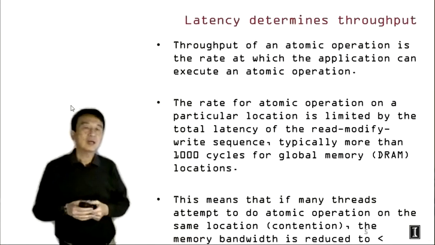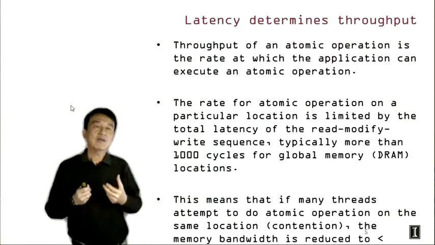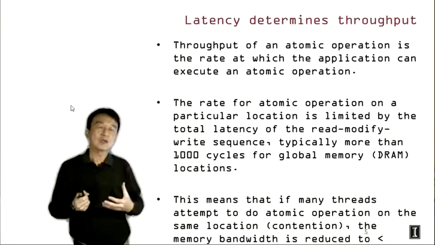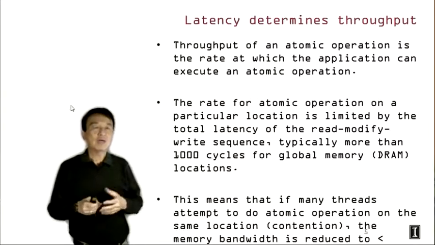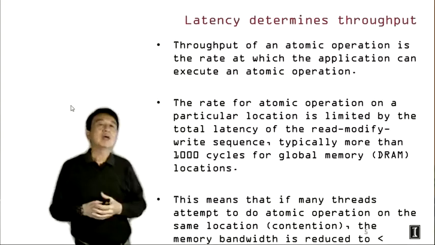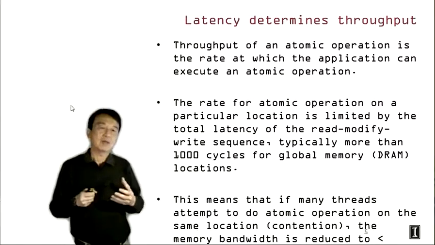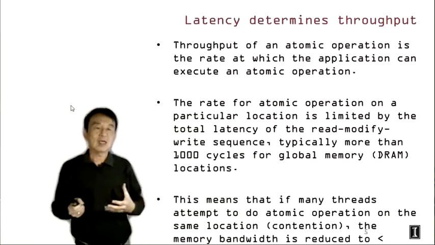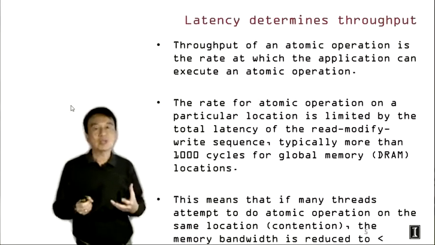Because of this behavior, we have a unique situation where latency actually determines throughput in a parallel processing system. Usually, when we have a massively parallel system, we try to optimize throughput more than latency, and this is exactly how GPUs are designed to work.